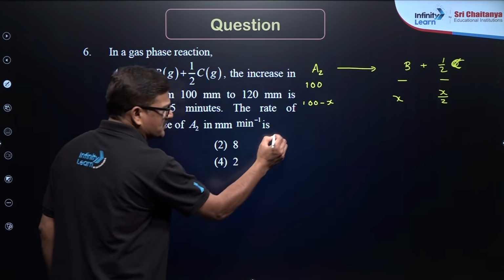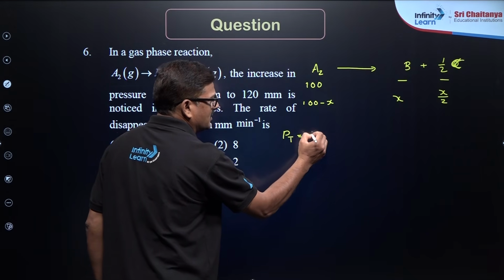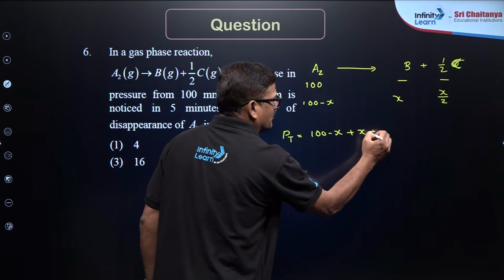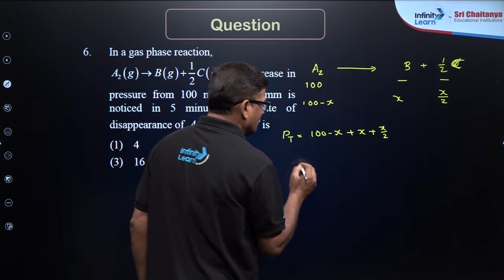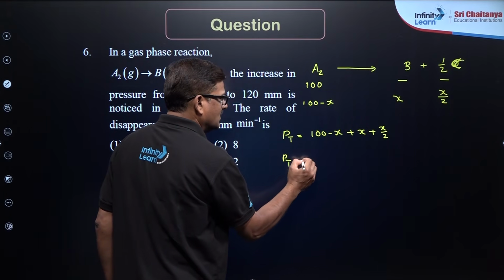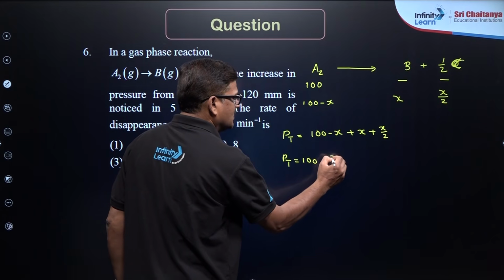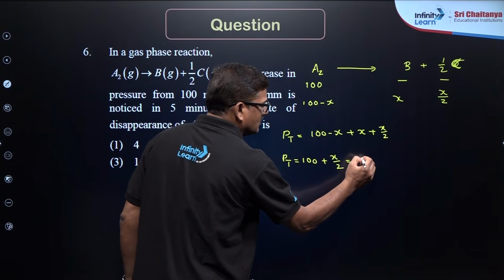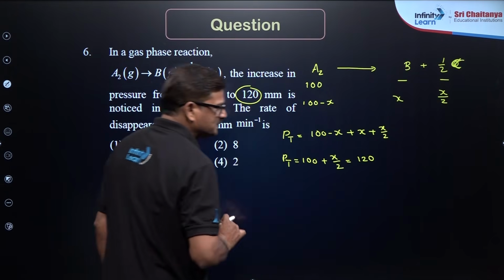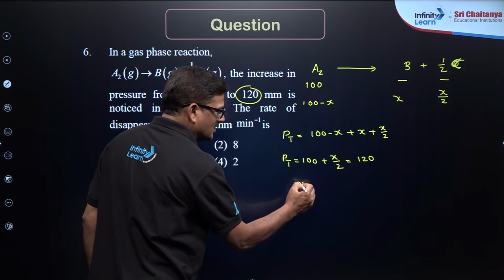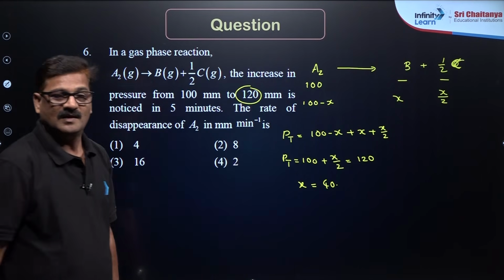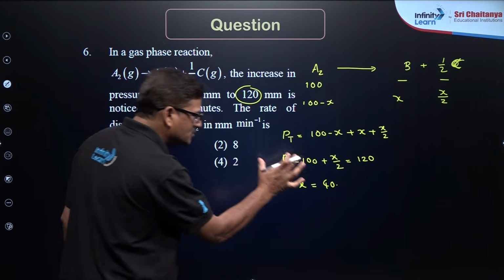So, the total pressure is 100 minus x plus x plus x by 2, that is 100 plus x by 2, which should be equated to 120 millimeter mercury. On doing so, x is going to be 40. So, that is the amount consumed.